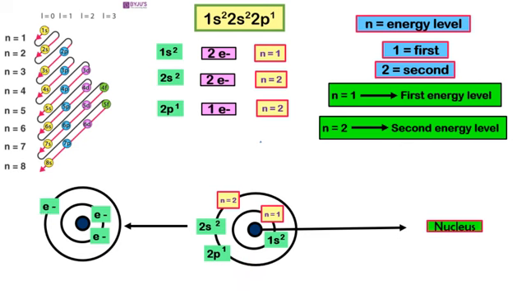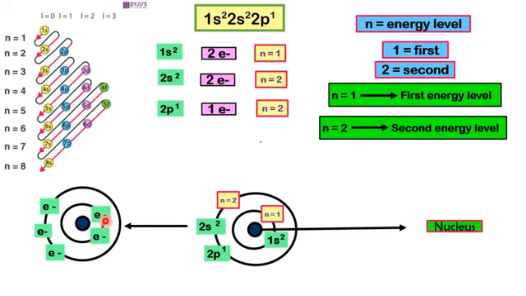So there are 1, 2, 3 electrons in the second orbit or second energy level. So I am emphasizing n is equal to 1 and n is equal to 2 because that pertains to our first quantum number. Okay, so this is the first electron, the second electron, the third electron, the fourth electron, and fifth electron of boron.